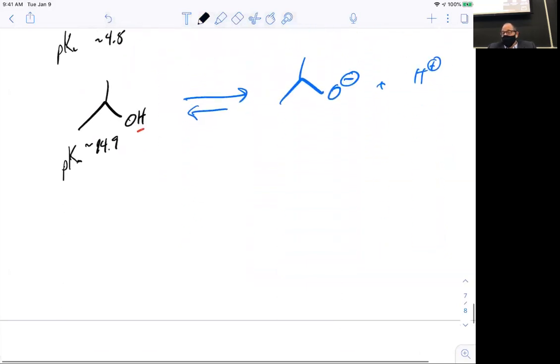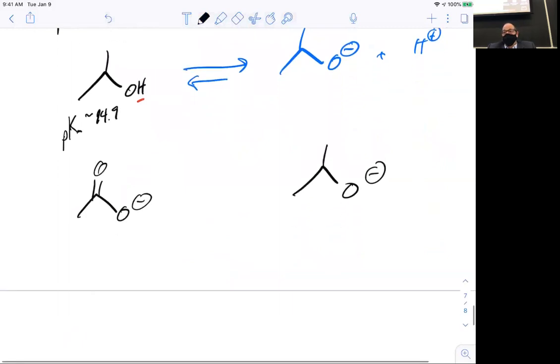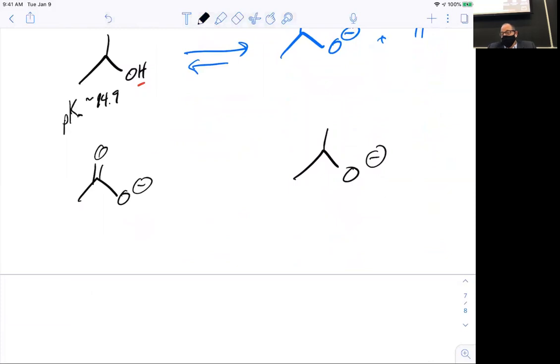So let's look at this as far as stability. One of the first things we can look at is just the atom.